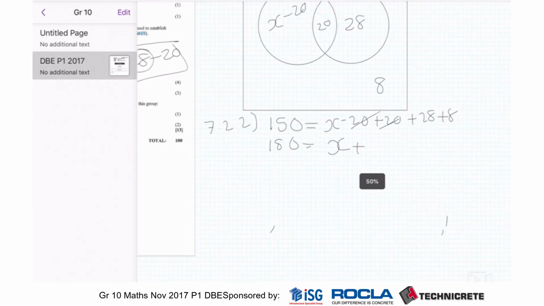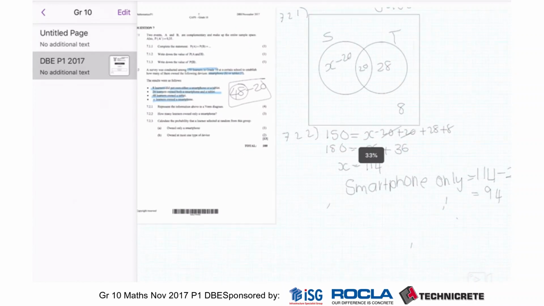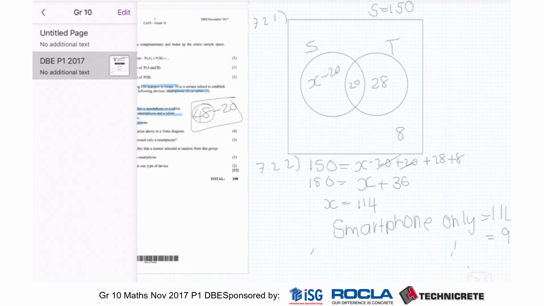So 114 is the total of smartphone, but how many only own a smartphone is going to be 114 minus the 20, so it's going to be 94. Okay. Next, it says calculate the probability that a learner, okay, so let's edit this now, even though that's the answer, but we know now that it's 94.